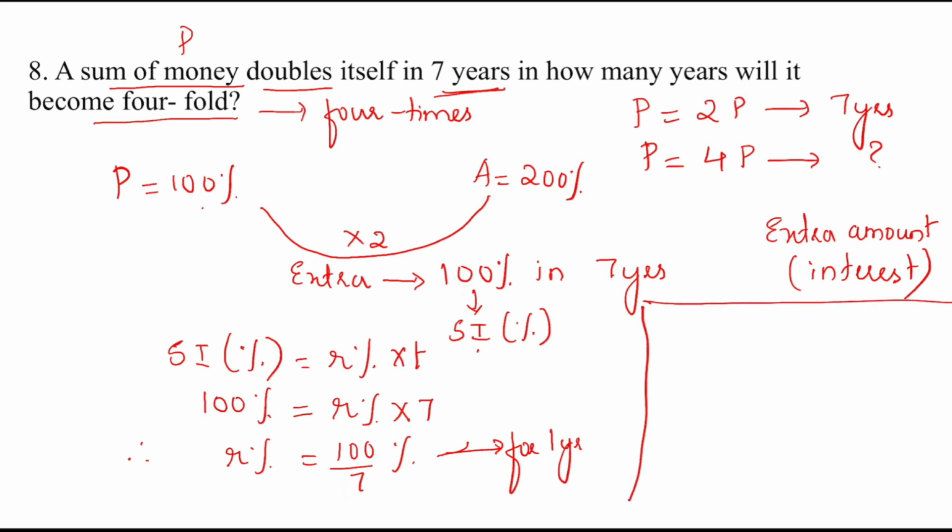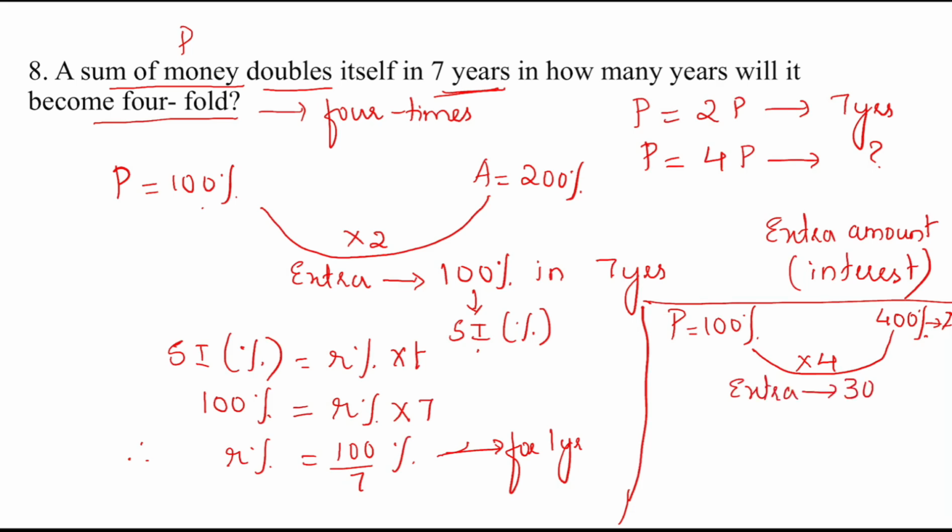Now they are asking us in how many years the principal will become 4-fold. Principal is 100%, and 4-fold means it has to be multiplied 4 times, so it will become 400%. This 400% is the final amount. So extra is 300%, since 100% was principal.